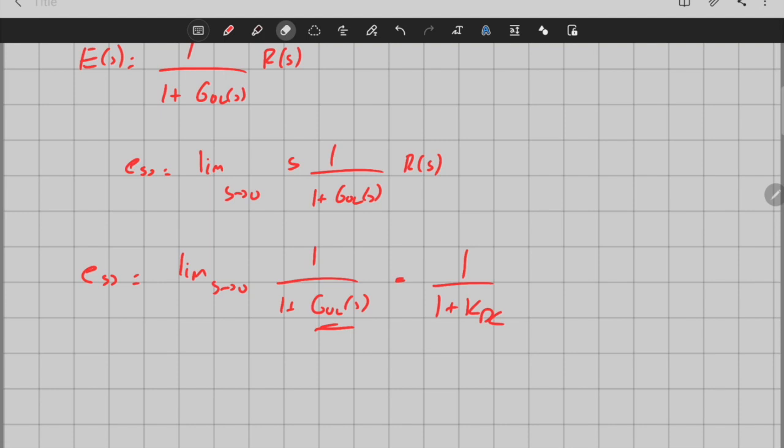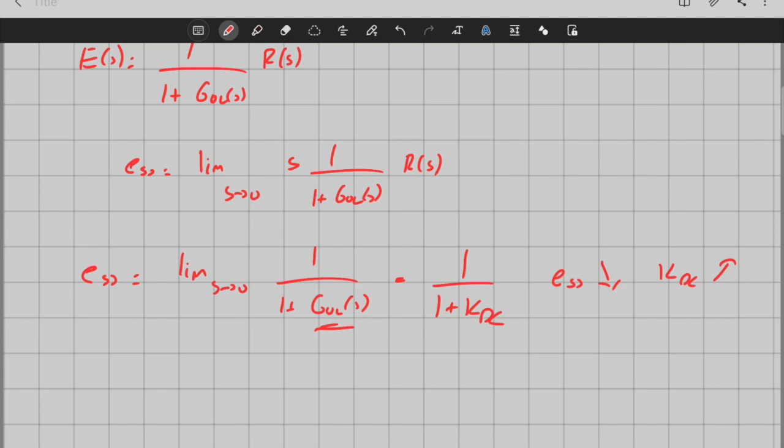That's great. Now I have a relation between steady state error and a system property, K_DC. So if I have control over K_DC, I can drop the steady state error by increasing the DC gain of the system. I think it's really great because it means that I have control over steady state error.